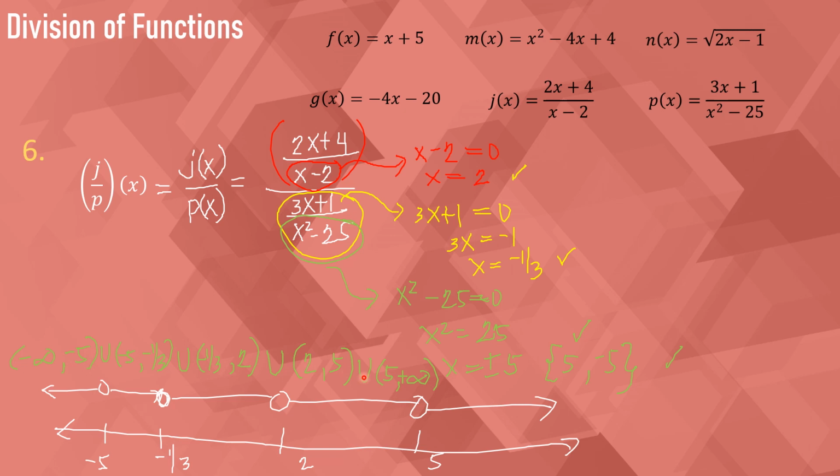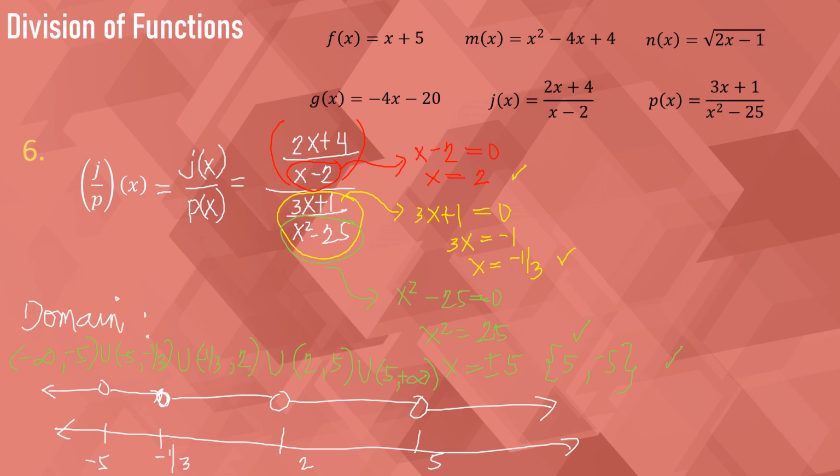Naging ganito ang itsura ng domain because you have to exclude negative 5, kaya dito nahiwalay ang negative 5, nahiwalay ang negative 1/3 kasi bawal, nahiwalay ang 2, at nahiwalay din ang 5. That will now describe the domain of this new function.